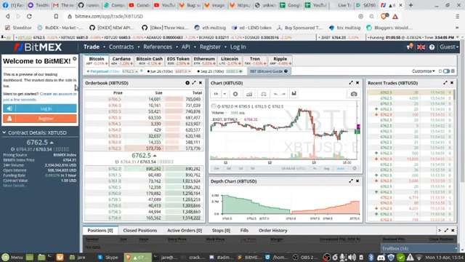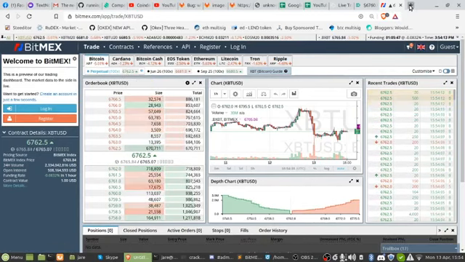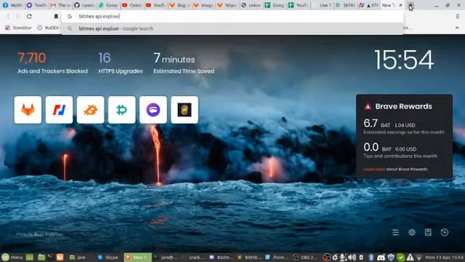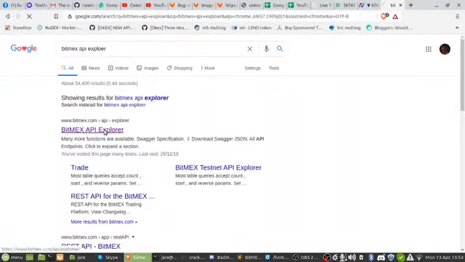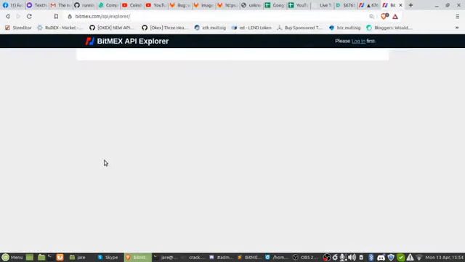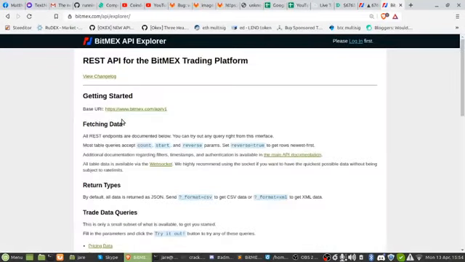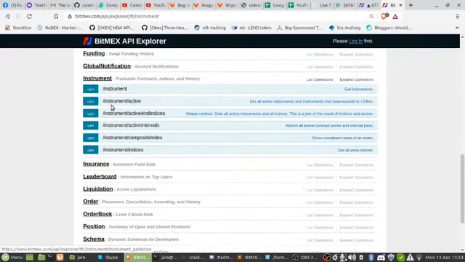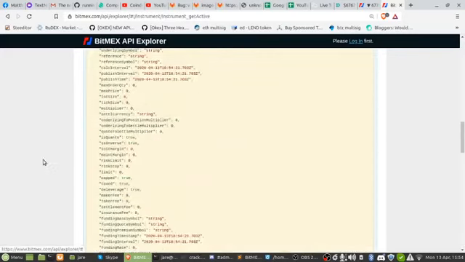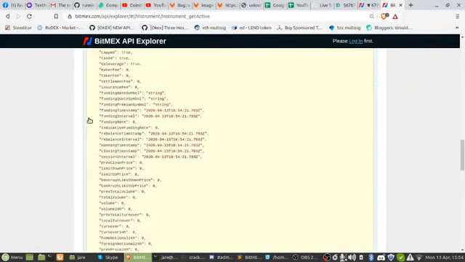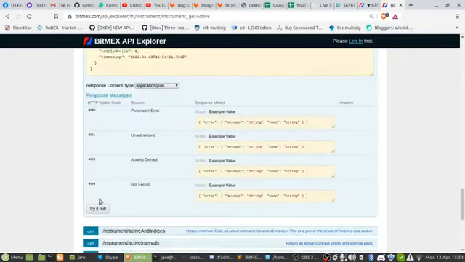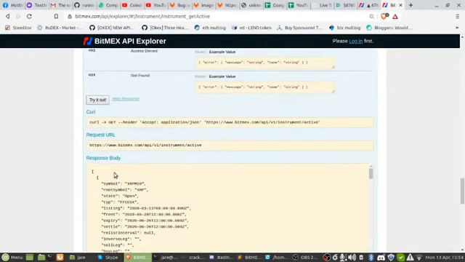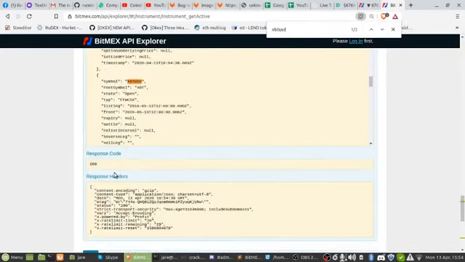So if we take a look at the Bitcoin price of the perpetual, which is 6762, we should see that the future price for the perpetual is below the mark price. We can probably find that out by grabbing the instrument data from the API. So if we try this API call here, we're going to find our active symbols.